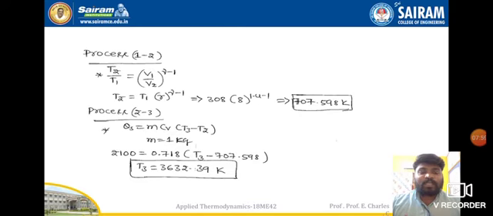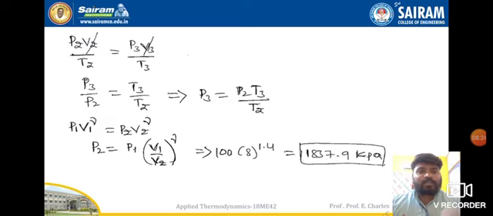The heat supplied is already given in the problem, and CV is a standard value for air, taken as 0.718. The only unknown is T3, which is 3632.39. This is the maximum temperature in the overall Otto cycle.